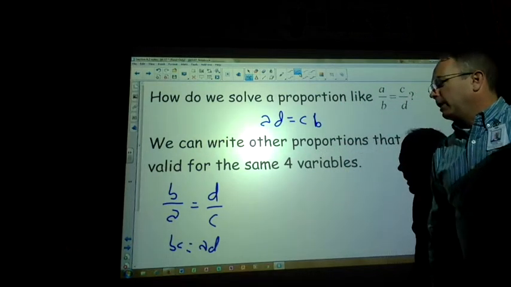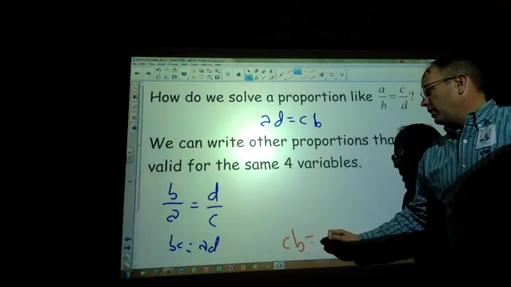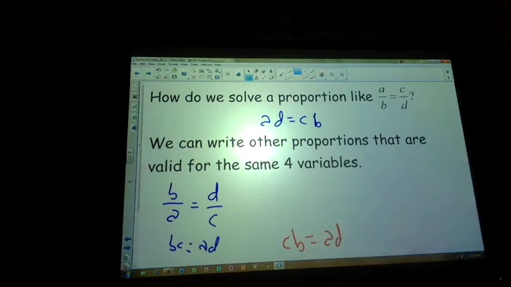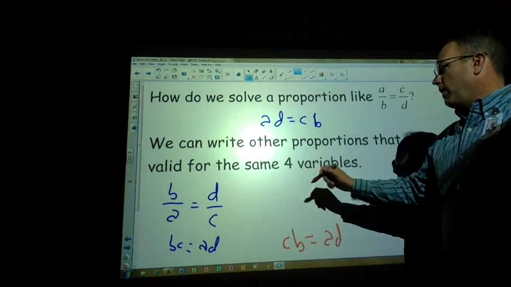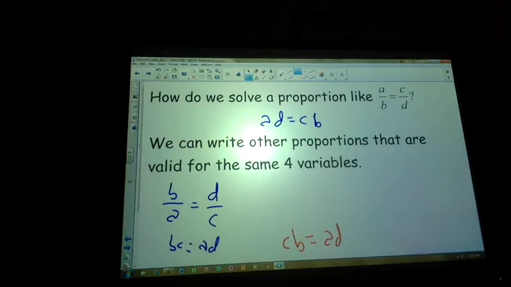So that's one equivalent form. Are there some other ways that we can make that equivalent? Remember, I'm trying to get to this type of proportion. So can I switch more letters around?